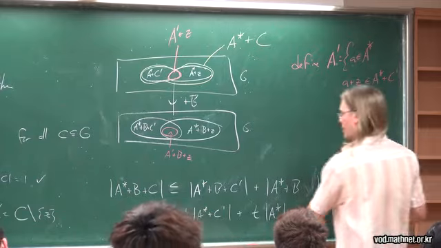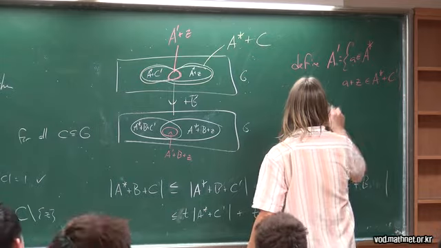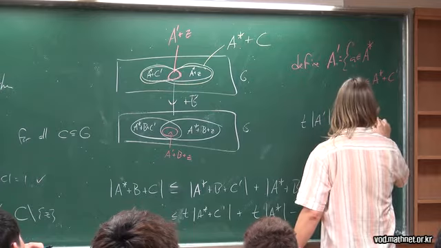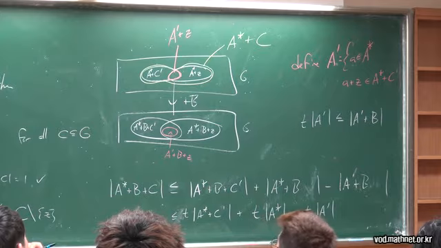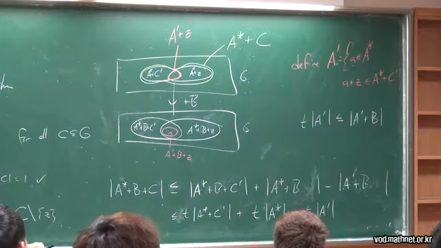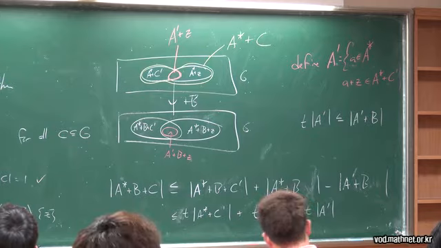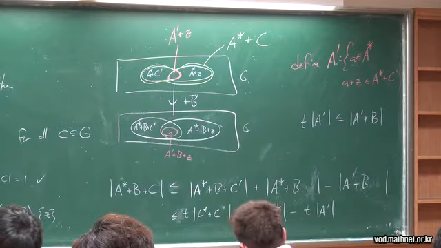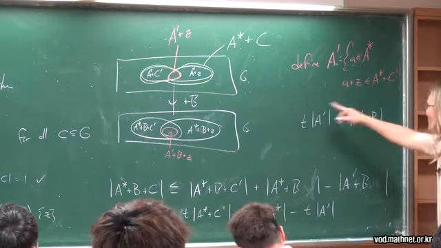What I'm claiming here is that T times the size of A prime is less than or equal to the size of A prime plus B. Oh yeah, that's right, and this is true because of this choice. Sorry, I just had that backward.